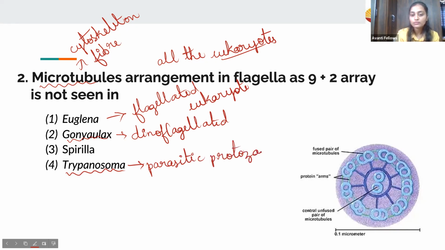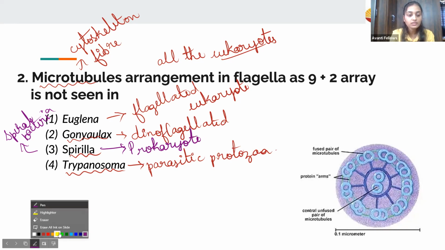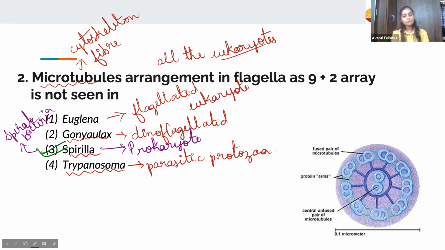Then what is Spirillum? Spirillum is a spiral shaped bacteria. And we all know that it is a prokaryote. So the option in which there is no presence of microtubules is Spirillum. So in Spirillum we won't find microtubules.